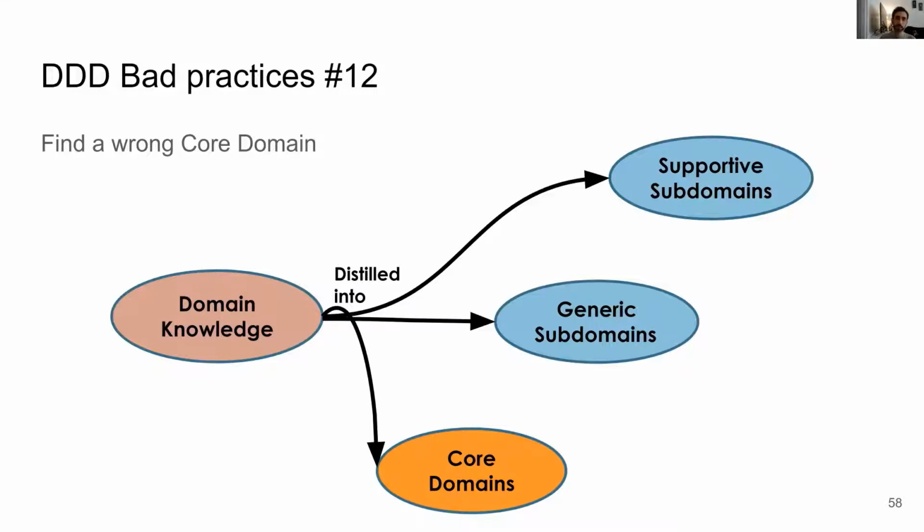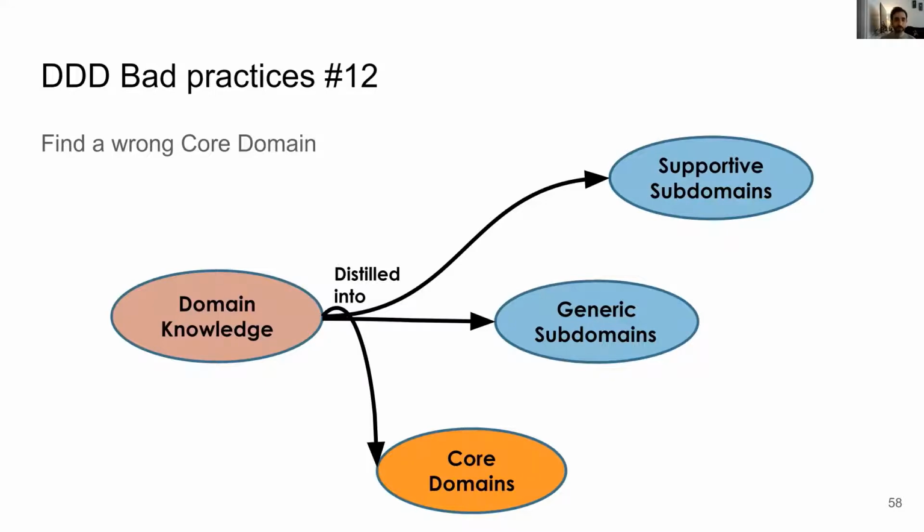And at the end, the supportive subdomain is a part of our system which is neither core nor generic. It's a part of the system that we will do by ourselves, but it's not as important as the core part. And if it crashes, it's not a big problem for our system.